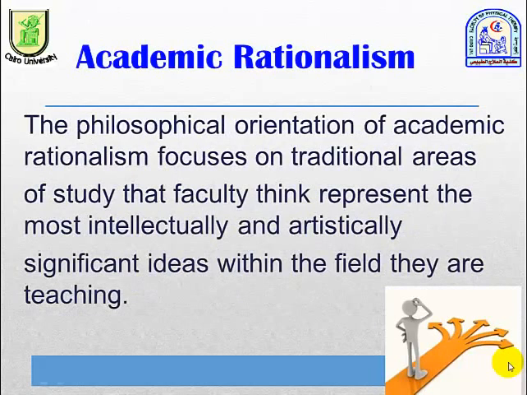As we discussed philosophical orientations, the first one we talked about was cognitive processing reasoning. The second one is academic rationalism. The philosophical orientation of academic rationalism focuses on traditional areas of study that faculty think represent the most intellectually and artistically significant ideas within the field they are teaching.